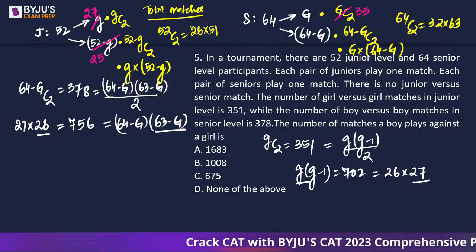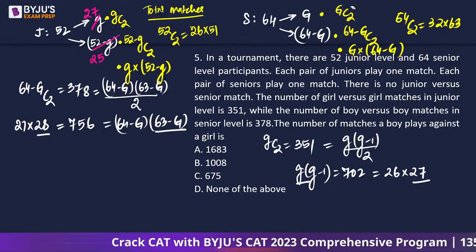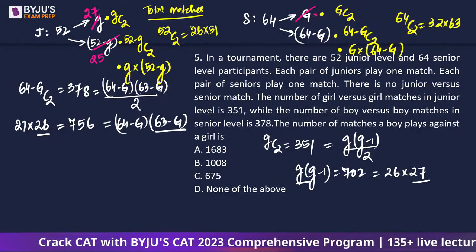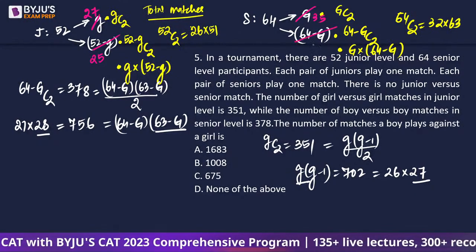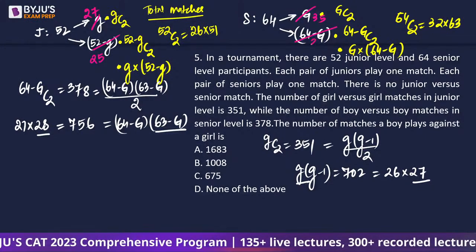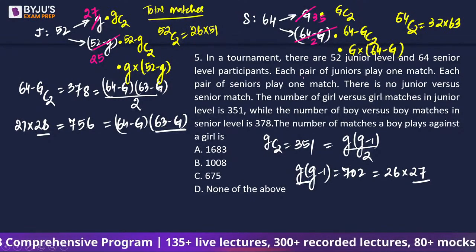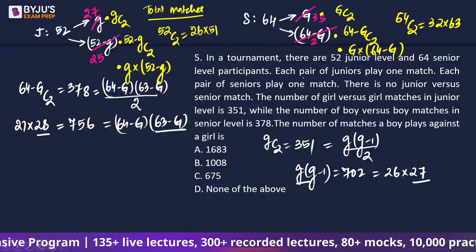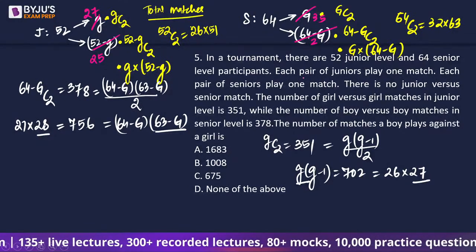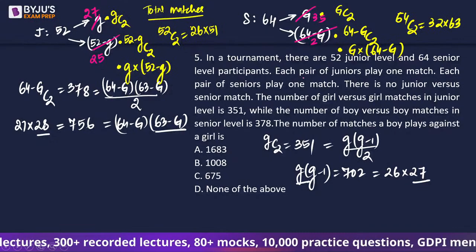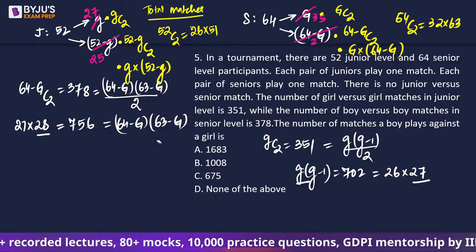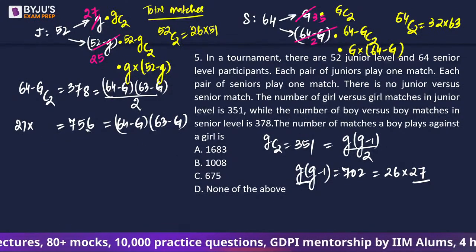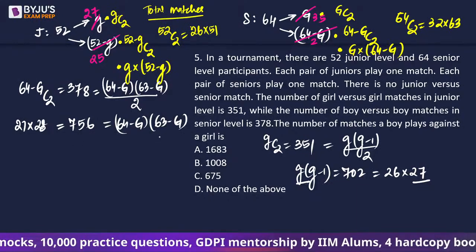Actually no, 64 minus G is the larger one, so 64 minus G should be 28.